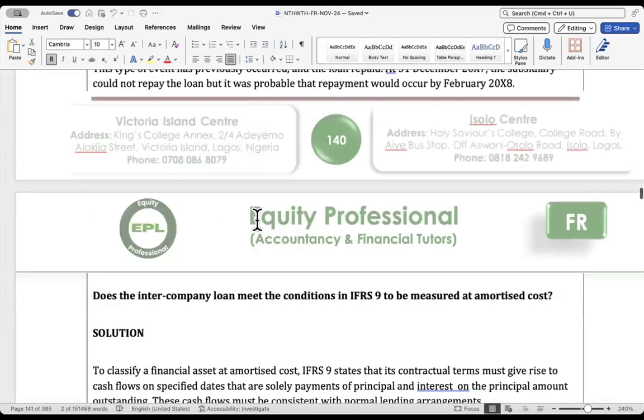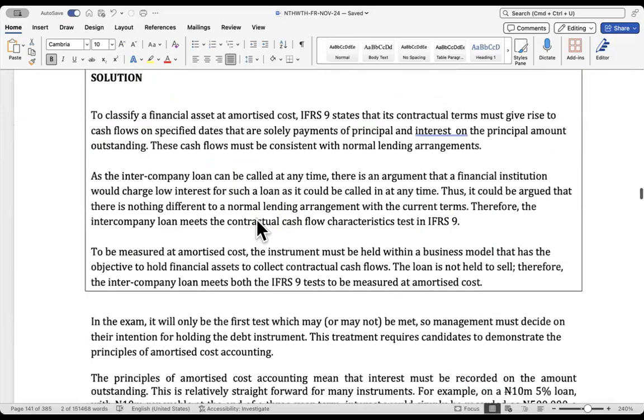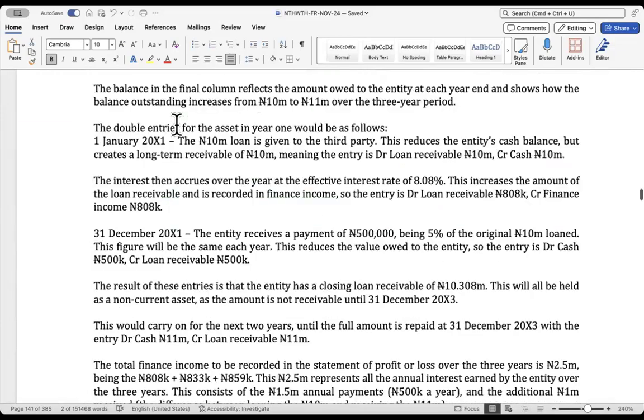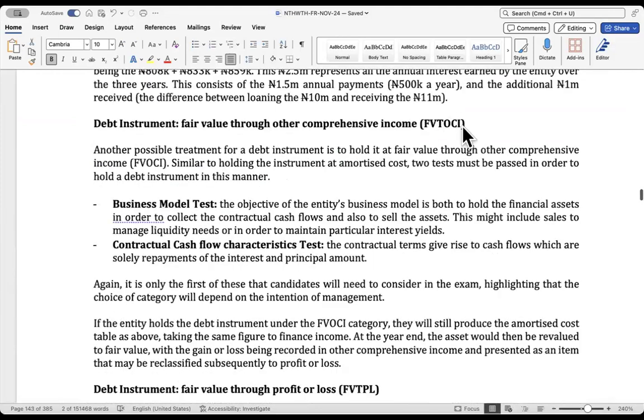The second basis is fair value through OCI. For this one, your business model must be that in which you would collect interest and principal and also sell the financial assets. That's a clear difference between classifying at amortized cost and classifying at fair value through OCI.